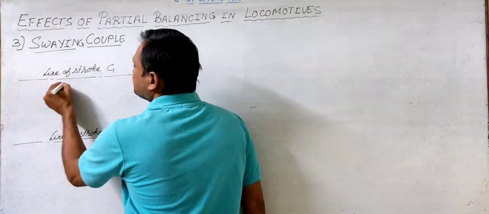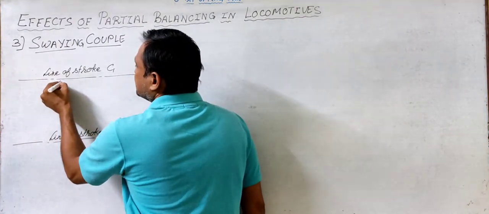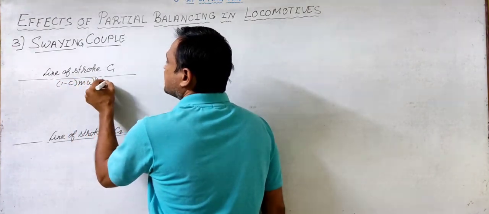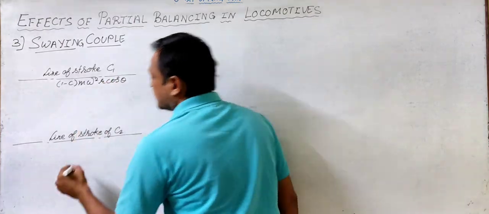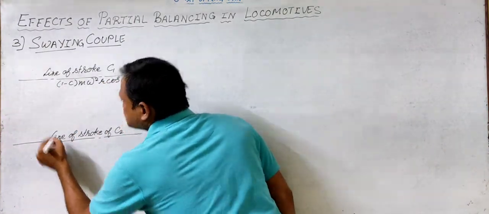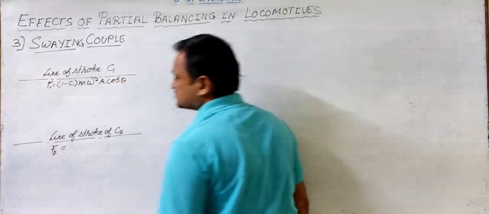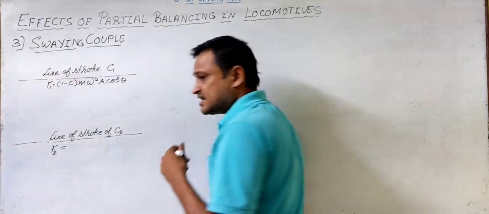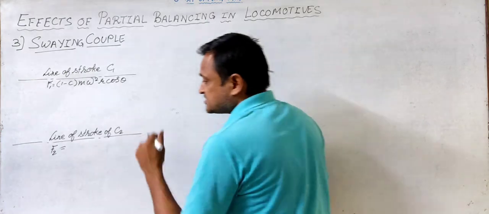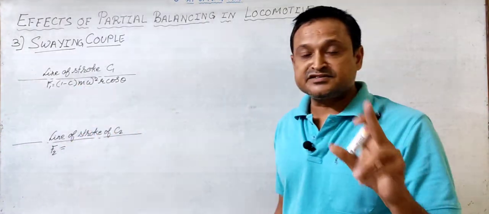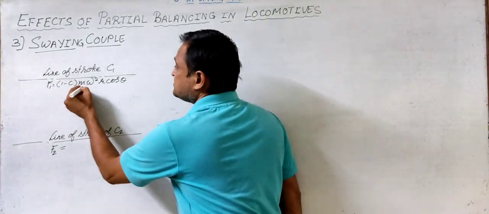Due to this partial balancing, the unbalance in the line of the stroke is one we have seen, which is (1 minus c) times m omega square r cos theta, and say this force is F1. The unbalanced force in the line of the stroke due to cylinder 2 will be, again, m is the reciprocating mass.